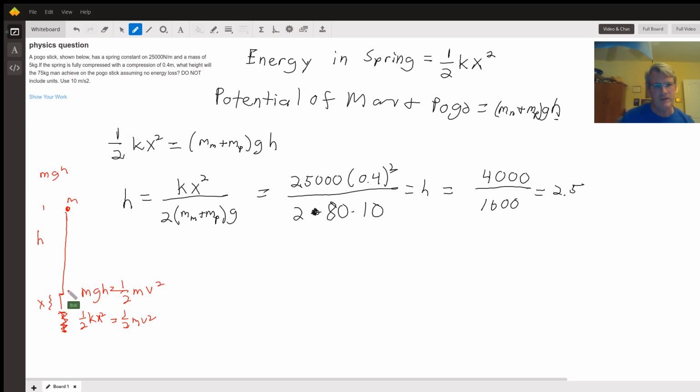What happens is that kinetic energy depletes and depletes until it all becomes potential energy, which occurs at mgh. So basically we have two equations that govern this. This equation governs the potential energy of the spring being converted into kinetic energy.